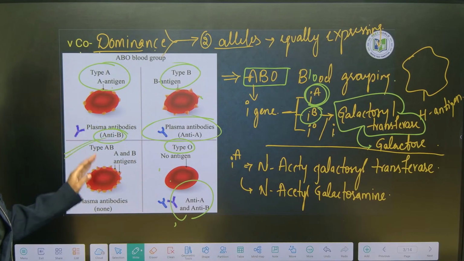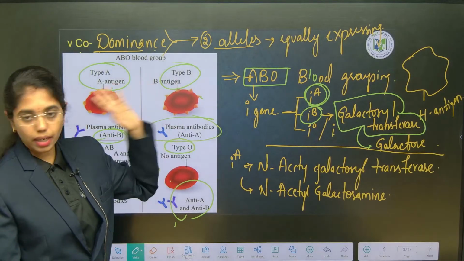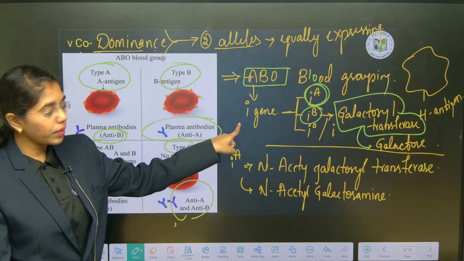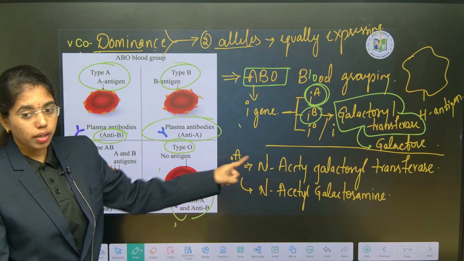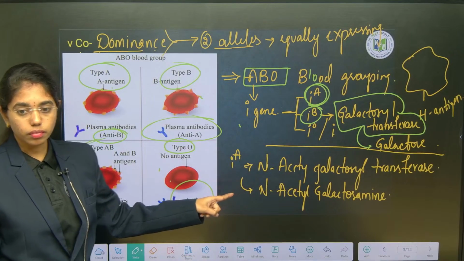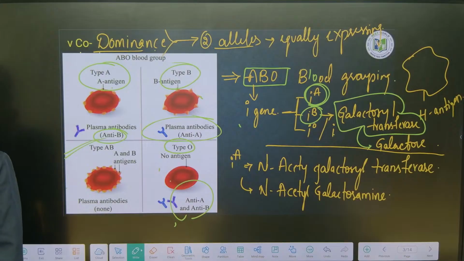Now we will see maximum phenotypes and genotypes that are exhibited by this character ABO blood grouping. You are clear with the gene, right? You are clear with the types of alleles and the sugars. Did you take down? Quick. Make it fast, ma.